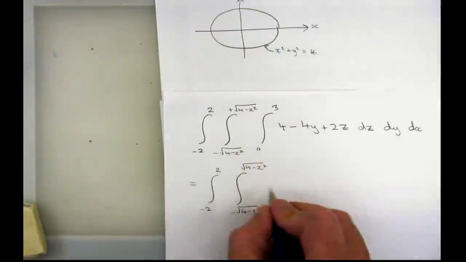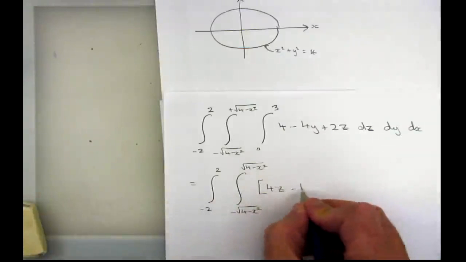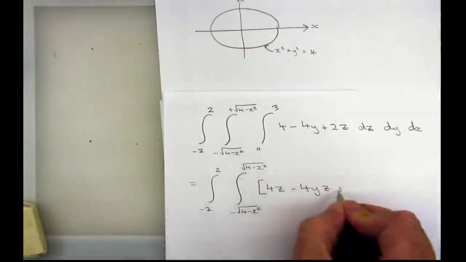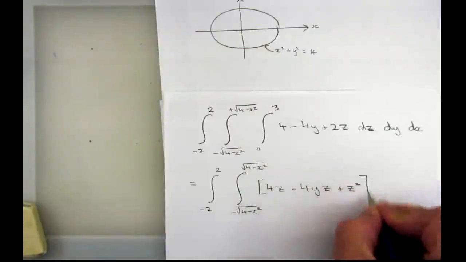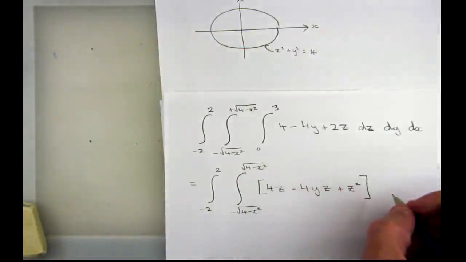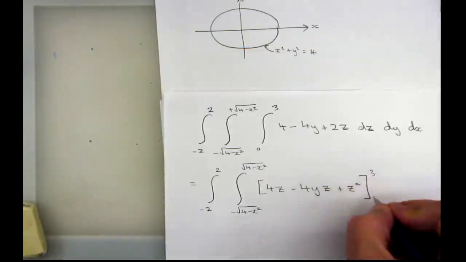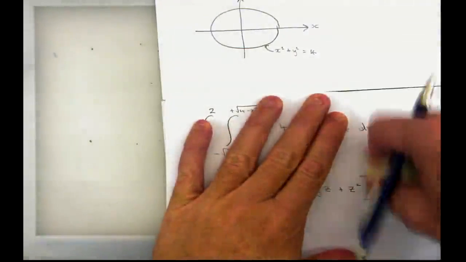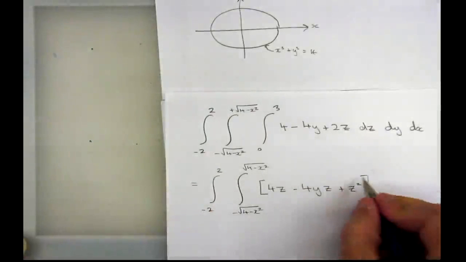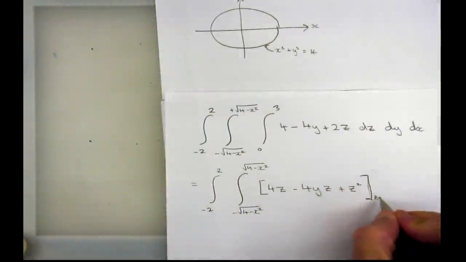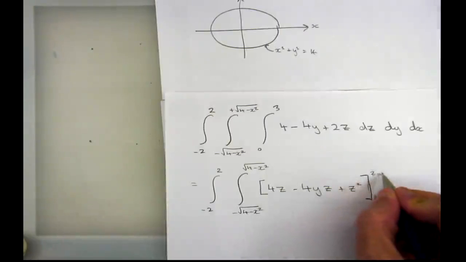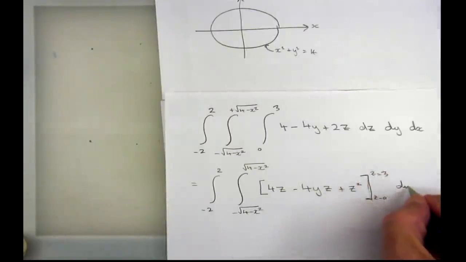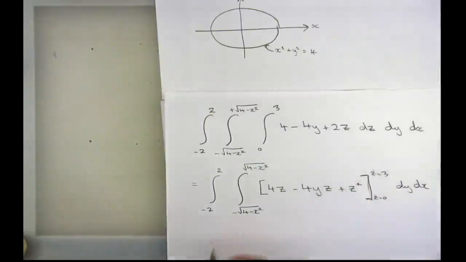Now, the first iterate with respect to z is, what's that? That's 4z minus 4yz plus z squared. Oh, that's from, z goes from 3 to 0. I always do that so I don't substitute the wrong substitution.